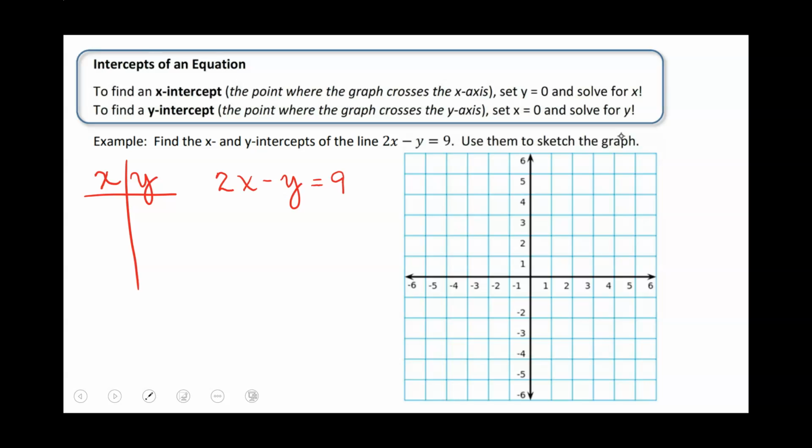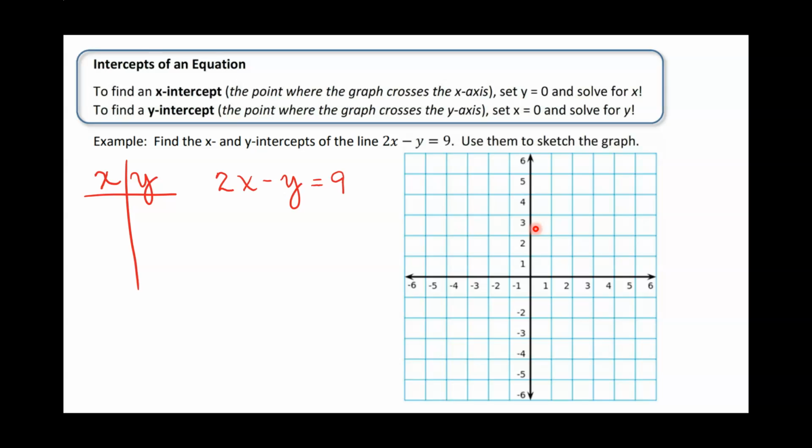Now we mentioned those a little bit ago, that the x-intercept was where your graph crossed the x-axis and the y value would always be 0 there. And the y-intercept was where your graph crossed the y-axis and the x value would always be 0 there. So we can find the x and the y-intercepts.